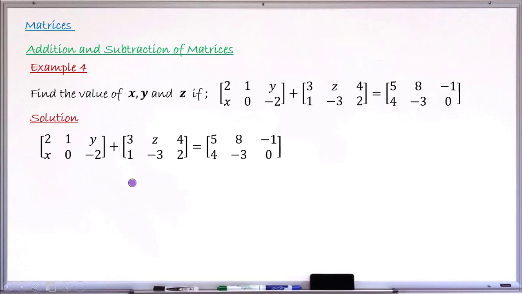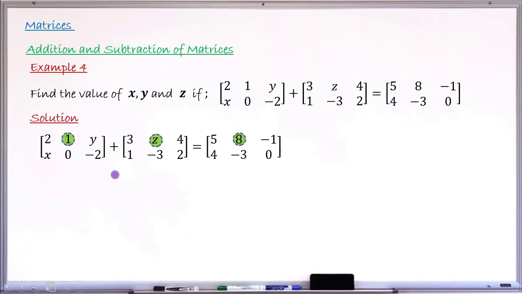If I start with the unknown z, for example, this unknown z and 1 and 8 are in corresponding positions, which means 1 plus z gives you this 8, because the addition of the 2 matrices gives you this matrix. And remember, we add the corresponding entries to get the entry in your resulting matrix in that very corresponding position. So 1 plus z is what gives you this 8.